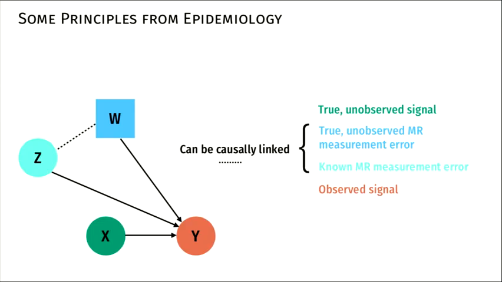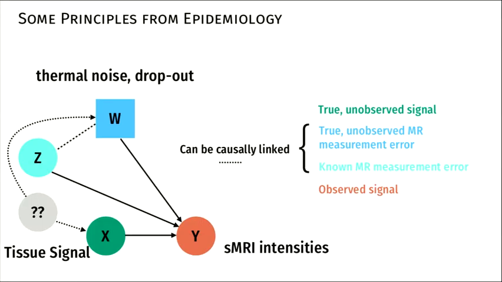That's known, that's Z. But then there's a lot of unknown, unobserved variation or confounds that are affecting your measurements. So this is a toy causal diagram of what's going on. Our goal is to detect this X to Y effect. We want to maximize this, and we want to eliminate this. That's our goal in doing all of this.